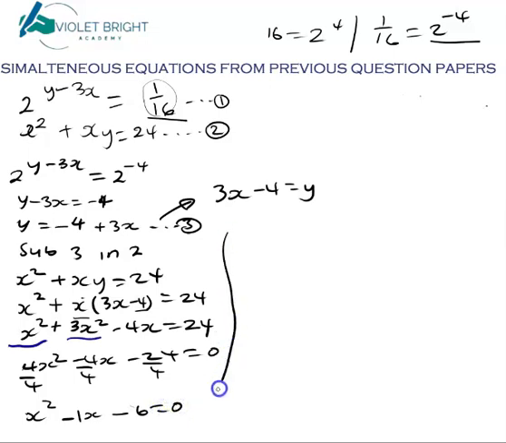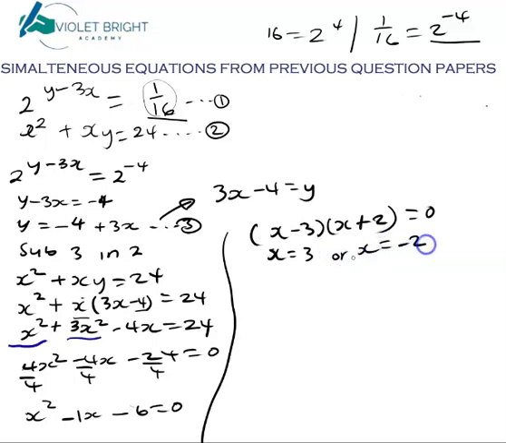So let's proceed. Basically here we can just factorize it easily. It's x minus 3 and x plus 2 equals 0. x will be 3 or x will be negative 2. So we found the values of x. Let's now find the values of y.